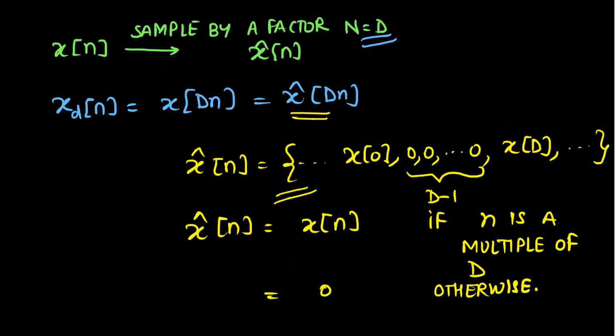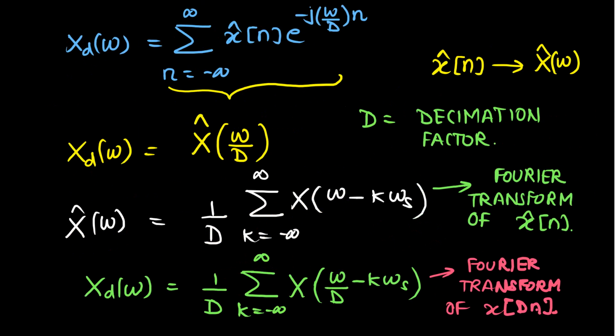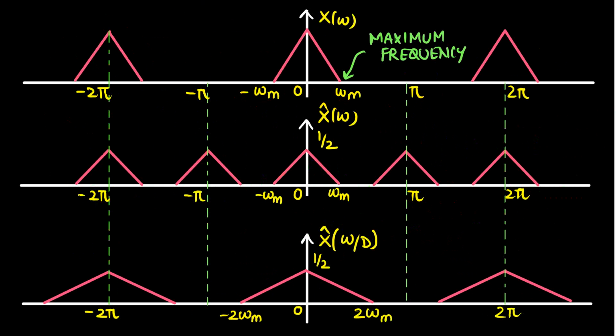Now if we observe the time domain plots, this was our original signal and this is the decimated signal, we observe that we are having some kind of shrinking effect in time domain, whereas if we observe the frequency domain plots, we are having some kind of stretching effect or expansion.